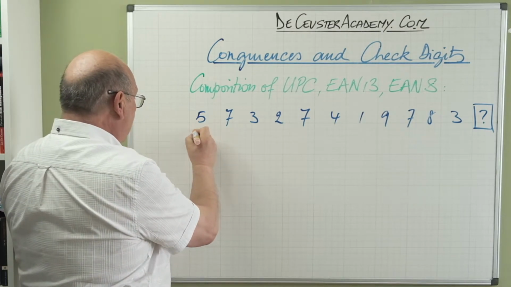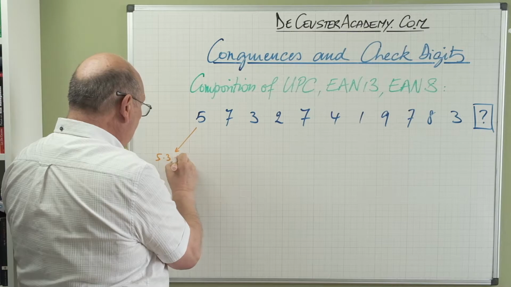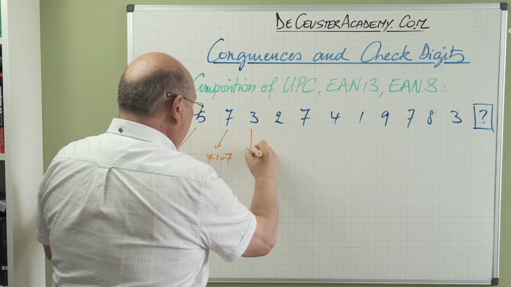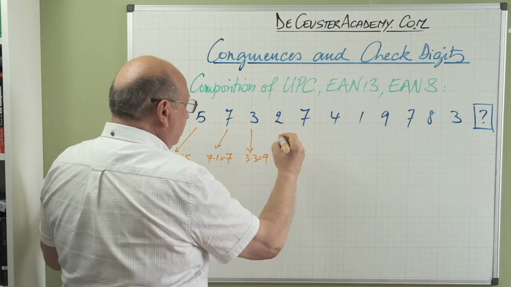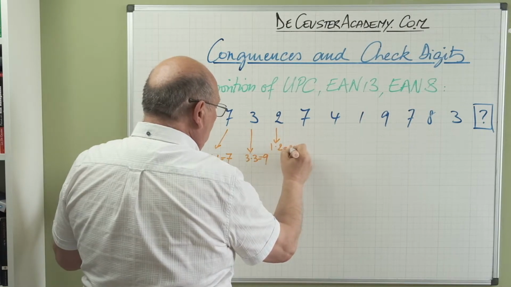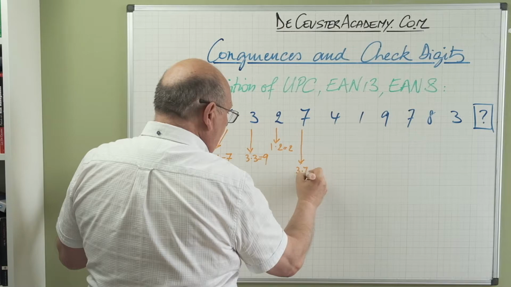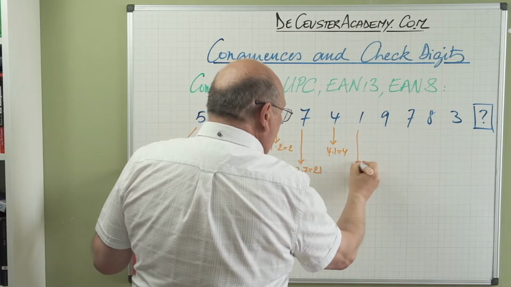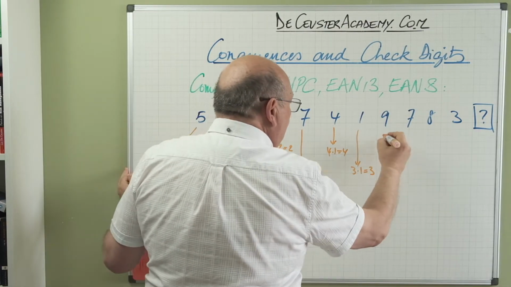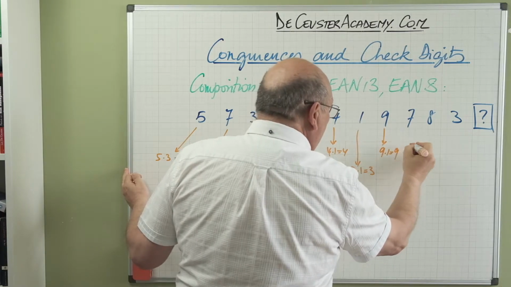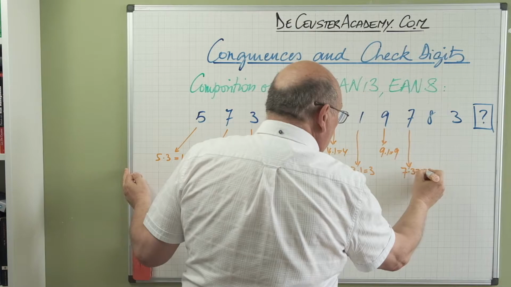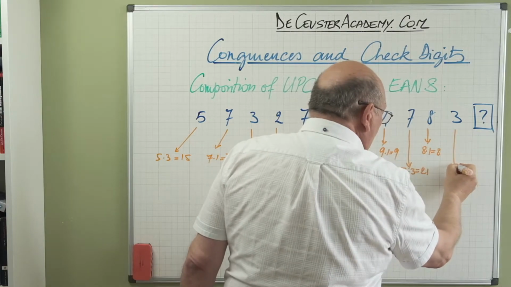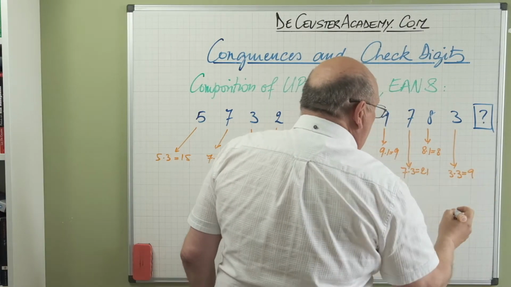So we start from 1 here, so we have 5 times 3 is 15, we have 7 times 1 is 7, we have 3 times 3 is 9, we have 1 times 2 is 2, we have here 3 times 7 is 21, we have 4 times 1 is 4, 3 times 1 is 3, 9 times 1 is 9, 7 times 3 is 21, we have 8 times 1 is 8, and the last one is 3 times 3 is 9.